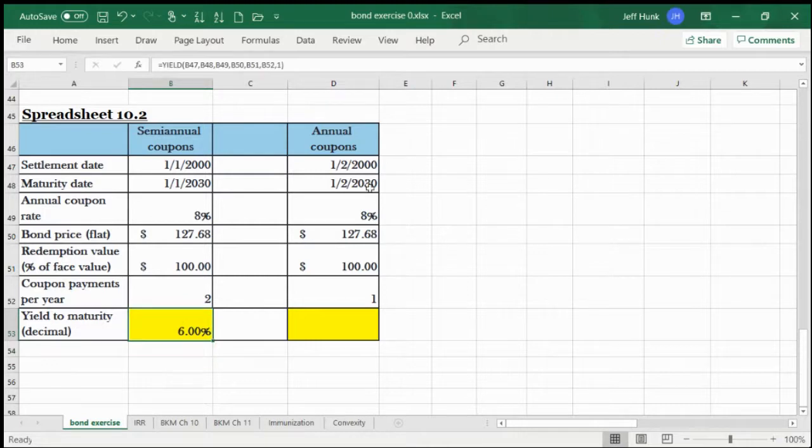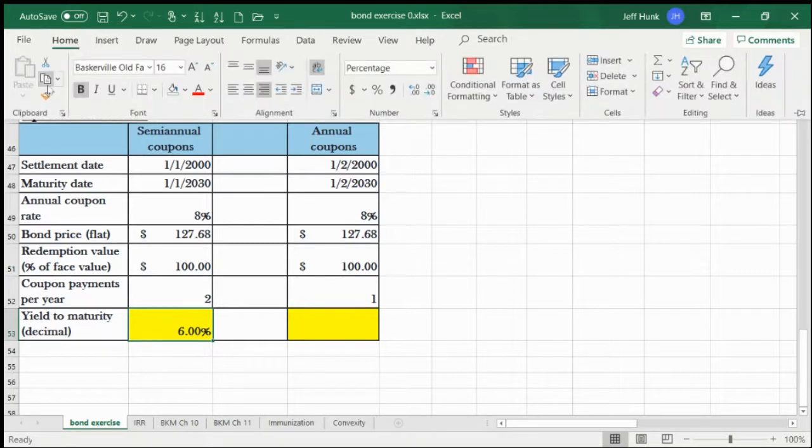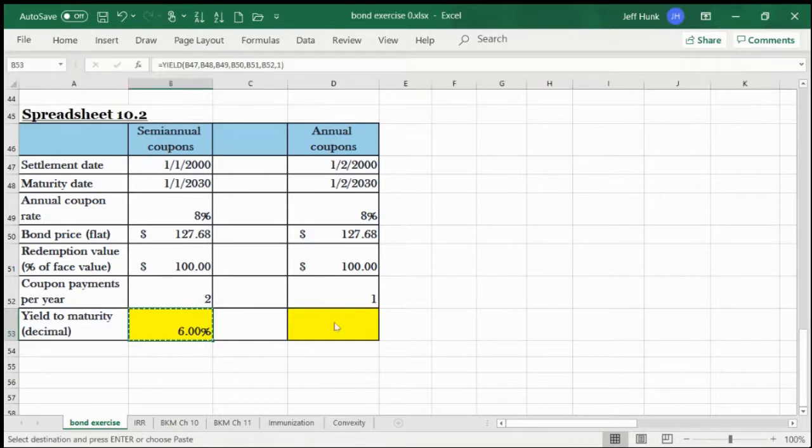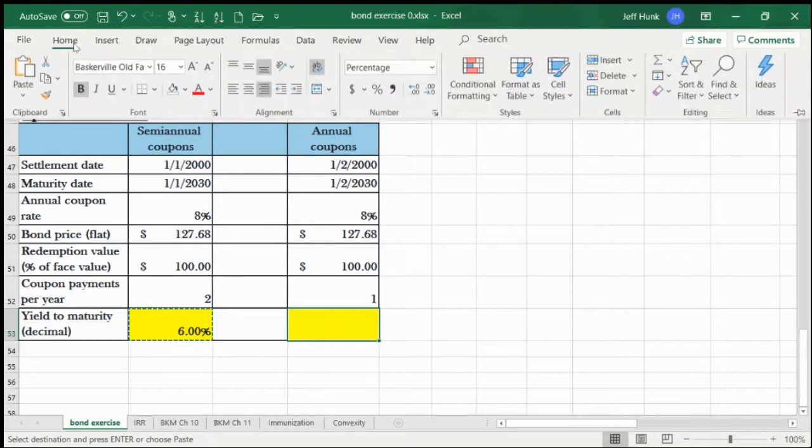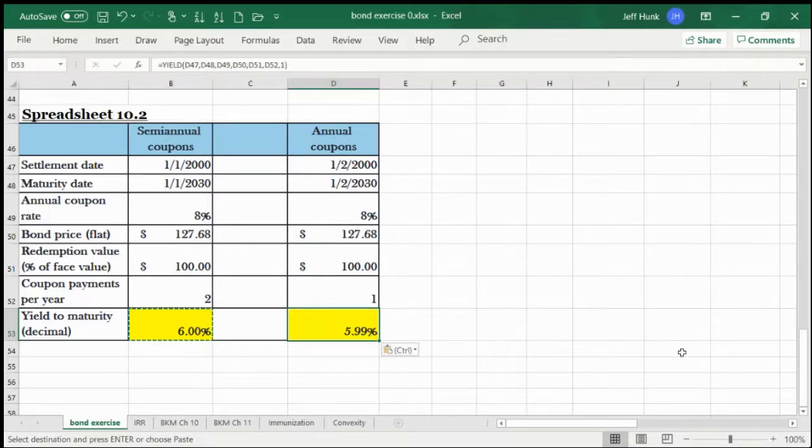And why do I have this thing? Oh, I'll copy this and paste it here. If the coupon frequency is annual, how is it going to change that? A slight difference, right?